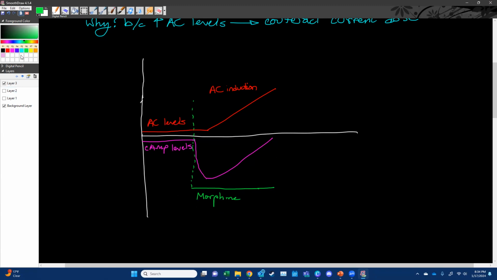Now, in the diagram, he shows what happens if at this moment the person accidentally took too much and overdosed and we gave naloxone. This would mean we'd see an immediate jump in cAMP levels.